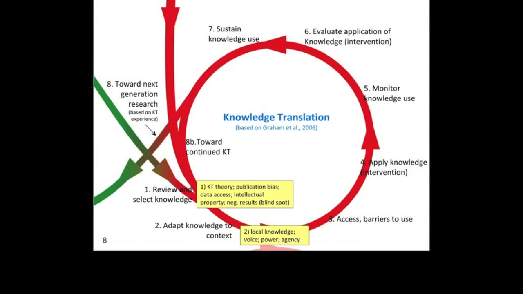We are going to be making relations that are not there. So we have to respect the context, we have to respect the knowledge that we have. Again, we have to talk about who is the voice, who is going to use, and how this is going to be used.